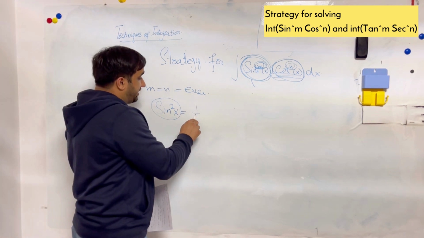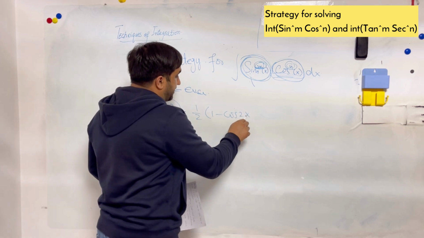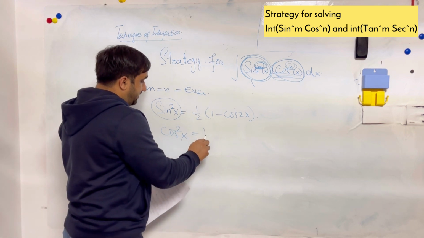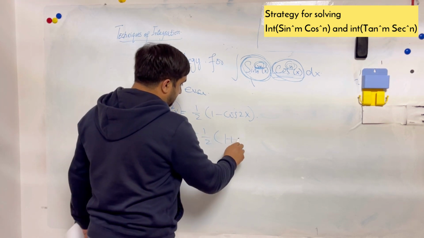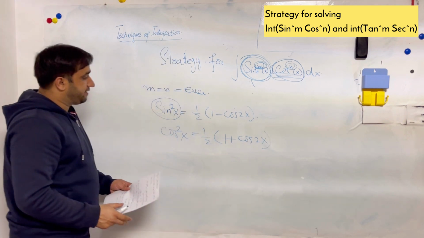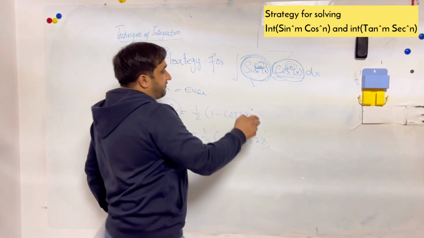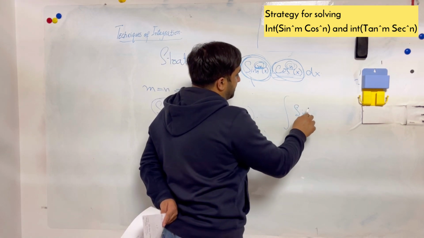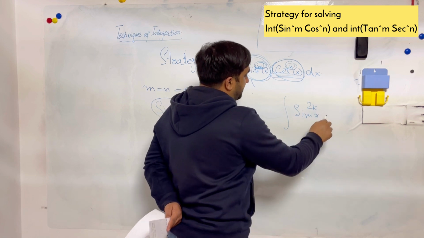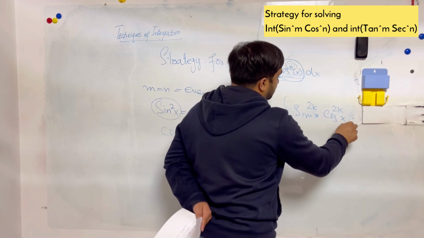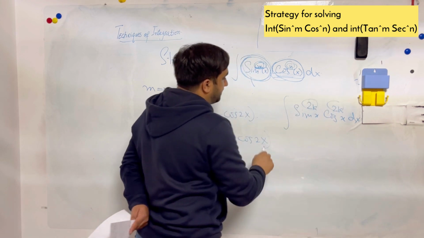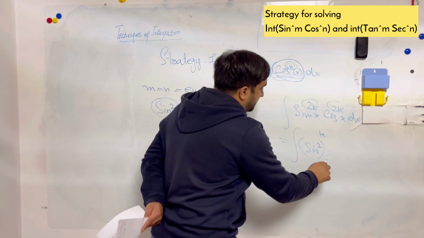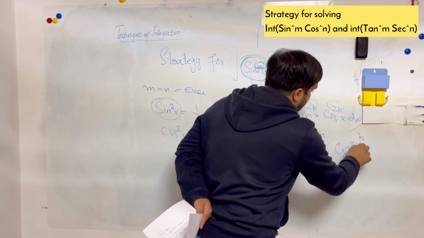For sine it is 1 by 2, 1 minus cos 2x, and for cos the half angle identity is 1 by 2, 1 plus cos 2x. If both are even, then they will be like this: sine raised to the power 2k x, cos raised to the power 2k x dx, because they are even numbers m and n. So they will be sine square raised to the power k, cos square raised to the power k, and dx.